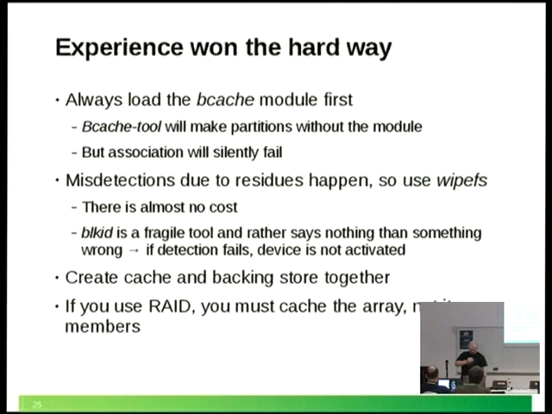What I found when actually doing this, when you set up the Bcache, please load your module. You will have the weird effect that the partitions are correctly created if you don't, but they are not associated with each other. And then you have to manually type the unique IDs, and that is not a nice thing to do. What I further found is that in factory, the setup is quite brittle.